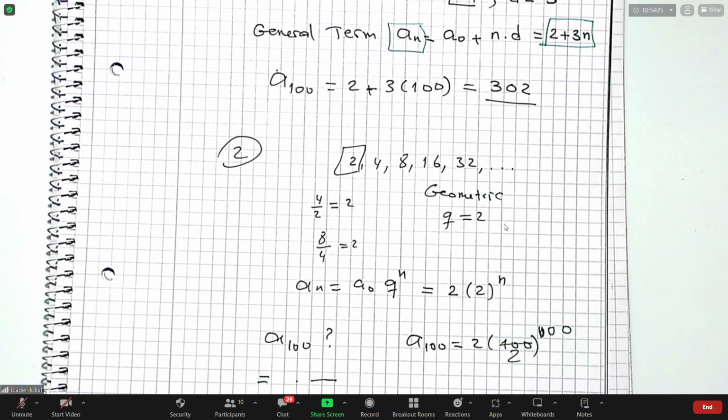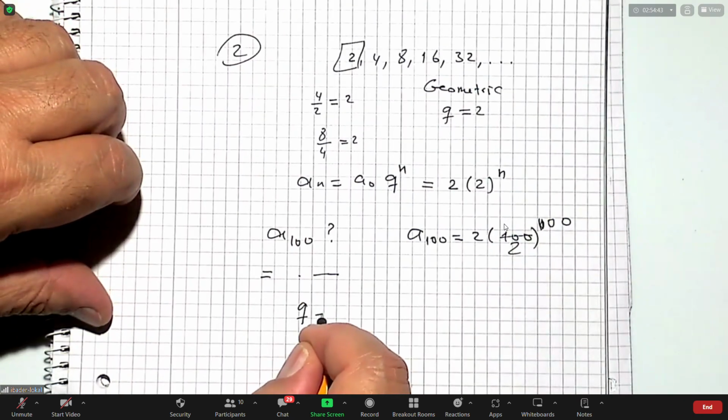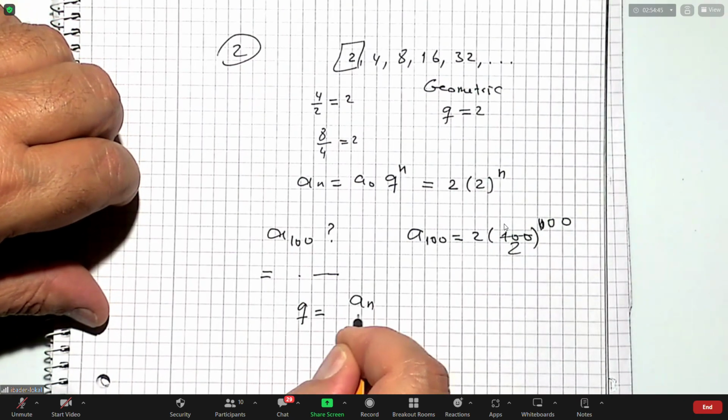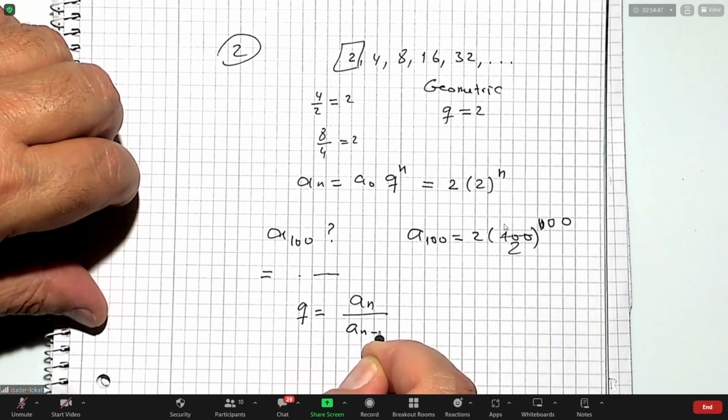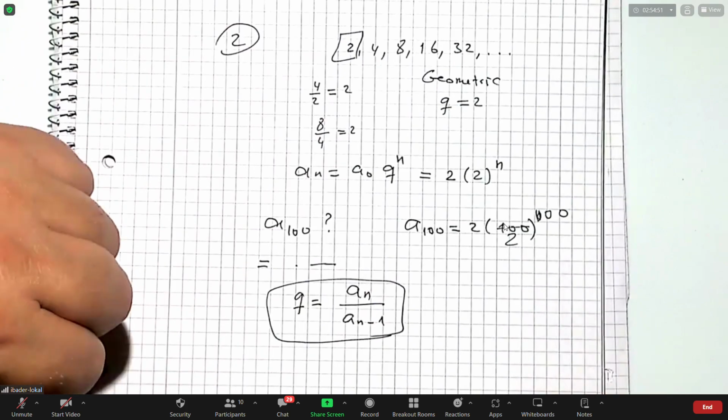And if you have any questions related to the mock exam, to the material before, to the worksheets before... How did you get Q? Yes, Q is the constant that you get from two successive terms.